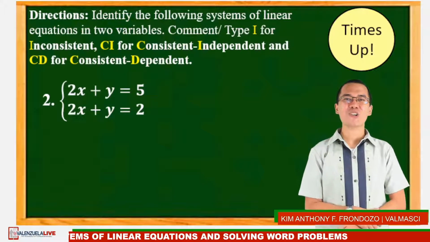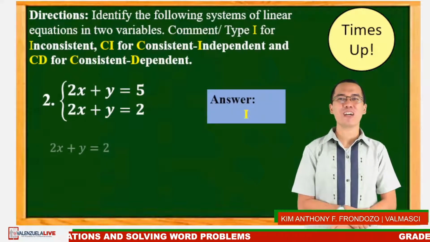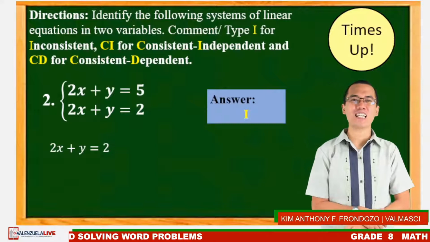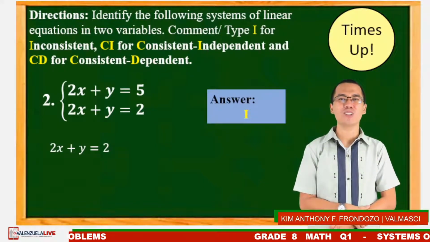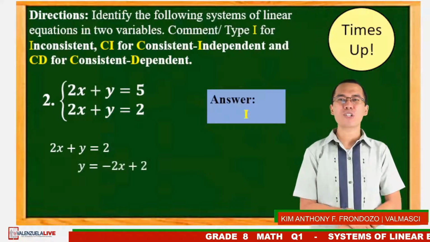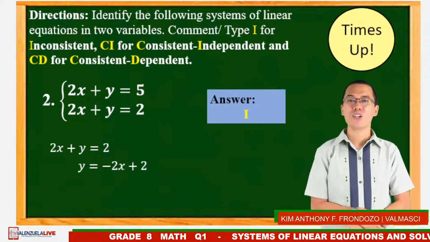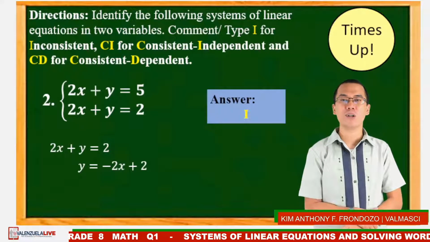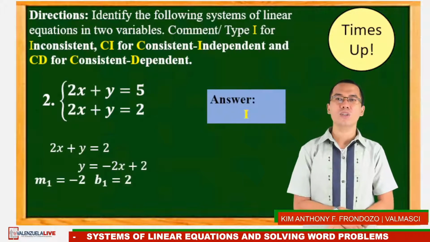So the correct answer is I. For the solution, we are going to transform the equations into slope-intercept form. So 2x plus y is equal to 2. The slope-intercept form is y is equal to negative 2x plus 2. Therefore, m sub 1 is equal to negative 2 and b sub 1 is equal to 2.